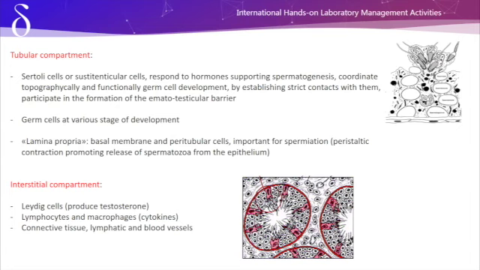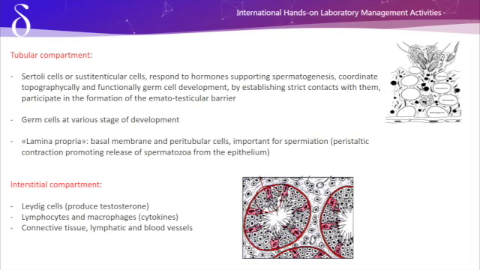Sertoli cells also contribute to the blood testicular barrier, so that blood should never get into contact with germ cells in a normal testis. The lamina propria is also important for the phase of spermiation, that is the release of sperm cells from the epithelium, because they promote peristaltic contraction to allow sperm cells to leave the epithelium.